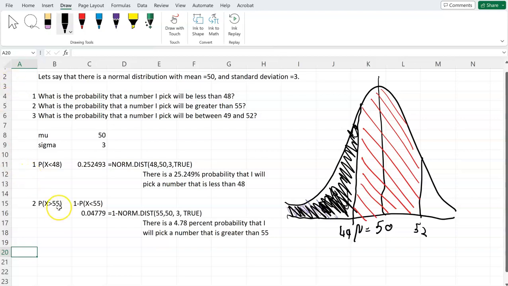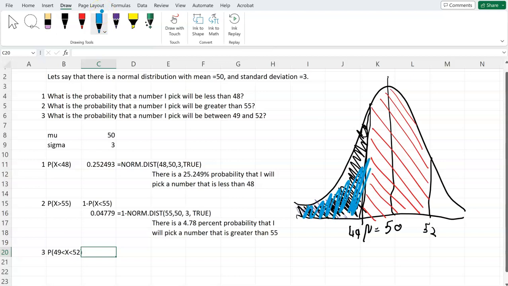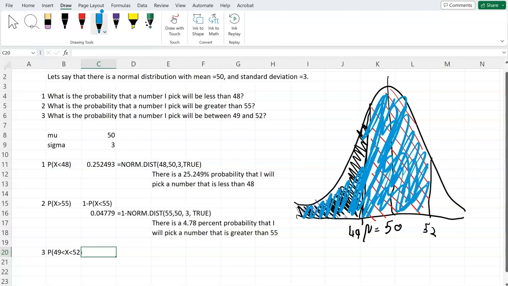So if I were to find, in the third one, what is the probability that the number I pick is between 49 and 52? I know this region, which I need to subtract, but if I find the area of this region, x is less than 52, sorry, and then I subtract the probability of x is less than 49, then I'm left with the probability that x is between 49 and 52.